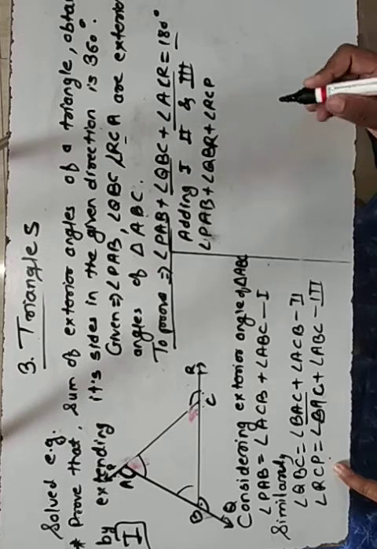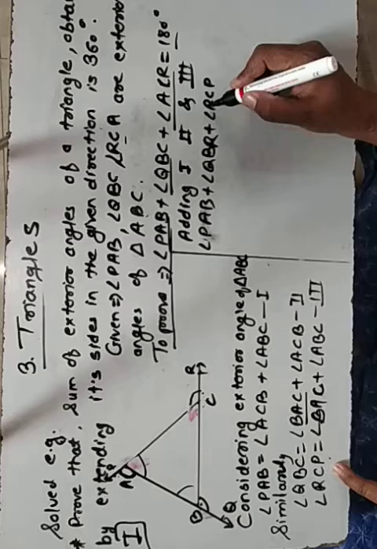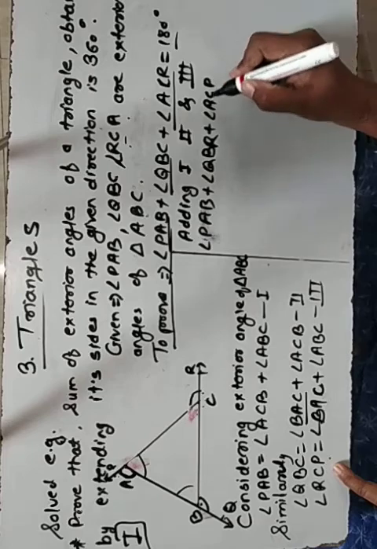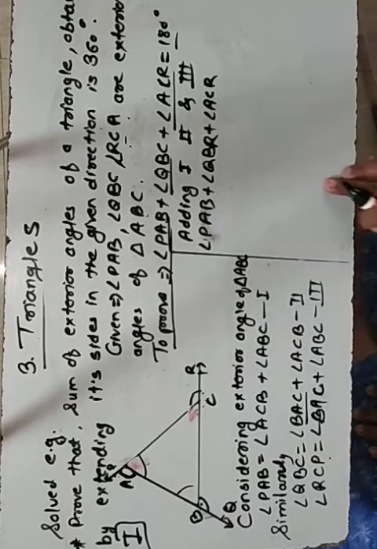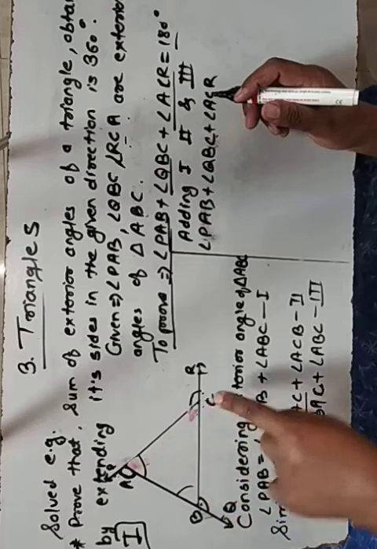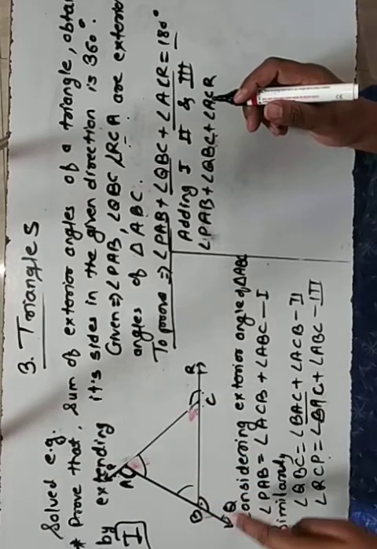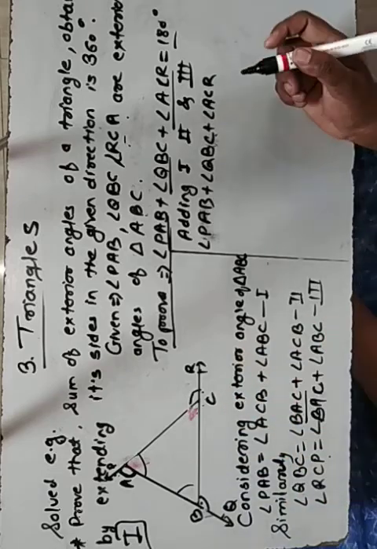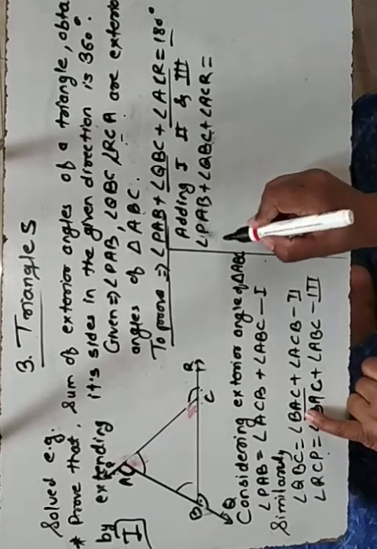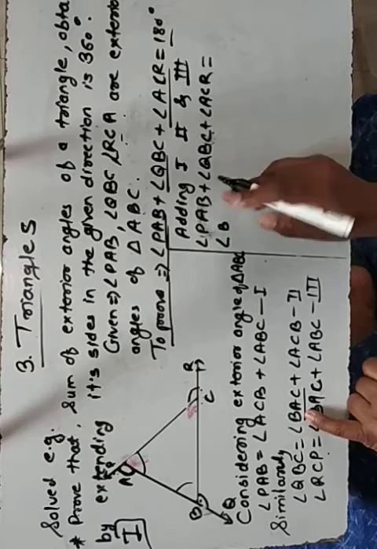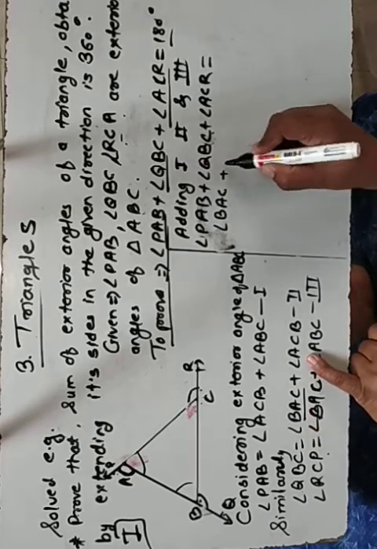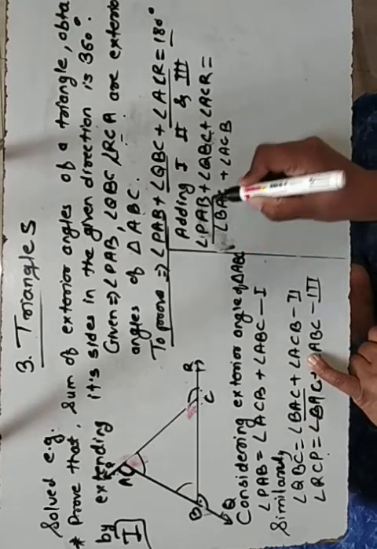Now we have to add the right-hand sides. So it is equal to, I will write here downside: angle BAC plus angle ACB, that is PAB.